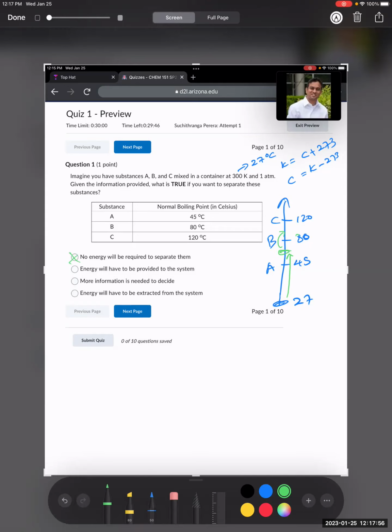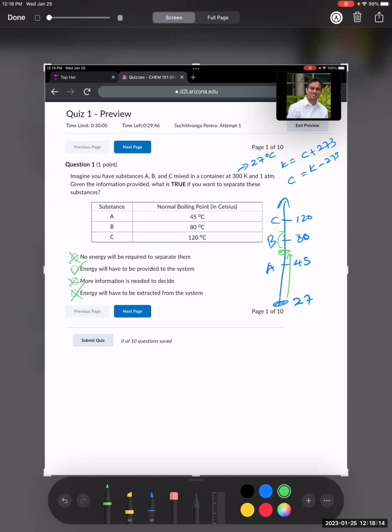No energy will be required? No. Energy will have to be provided? That is true. More information is needed? No. Energy will have to be extracted from the system? No. If we cool it down, they will still be in the liquid phase, as long as you are above the melting temperature.